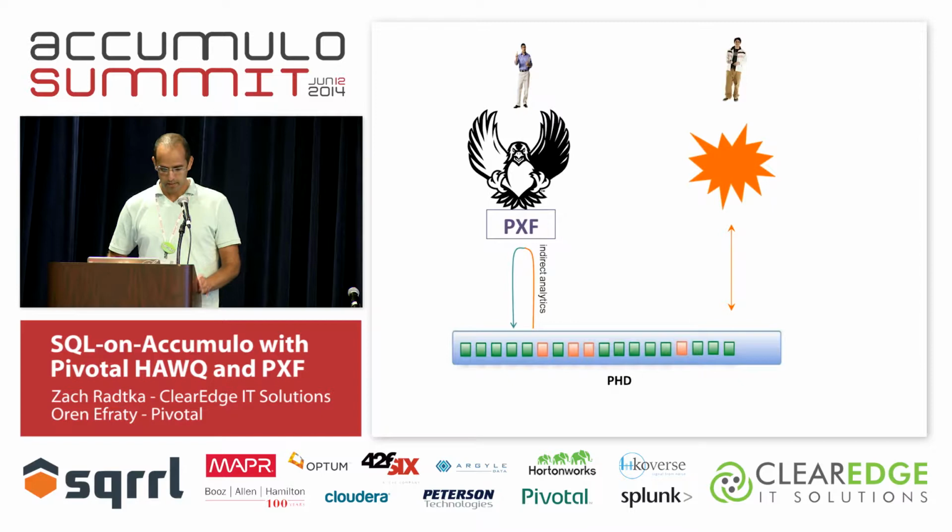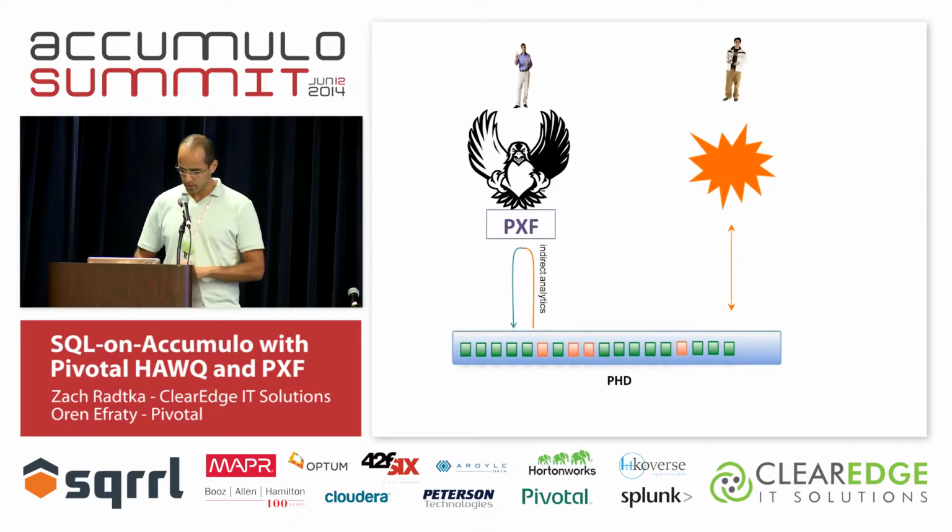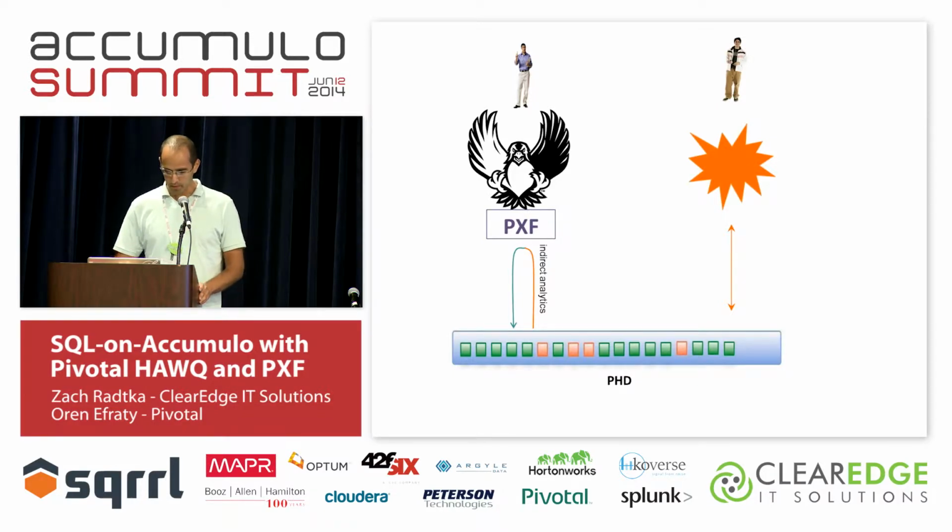PXF client is implemented using an external table interface in HAWQ, which allows you to read data stored within the Hadoop ecosystem. So now we see HAWQ on top of PXF, and we see how the magic happened. We see an orange arrow consumed by HAWQ. PXF allows you to directly read and convert another data format, for example, the Accumulo data format, which HAWQ doesn't know about.